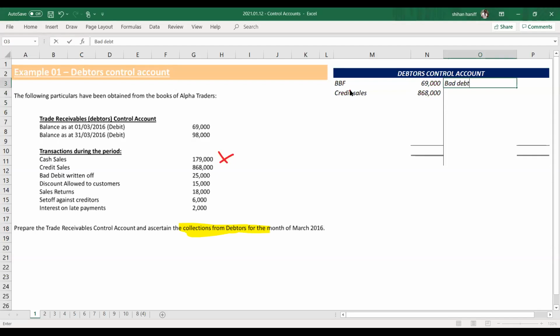Then we have bad debt, 25,000. Discount allowed. Discount allowed is 15,000. Sales return 18,000. Set off with creditors.